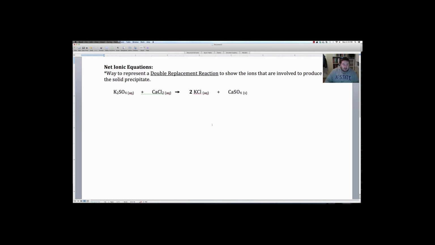So something we can do here, first things first, is write what's called the complete ionic equation. So let's move this over just a little bit and write each ion that we have in this equation.